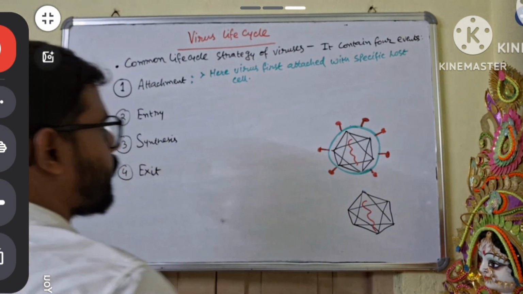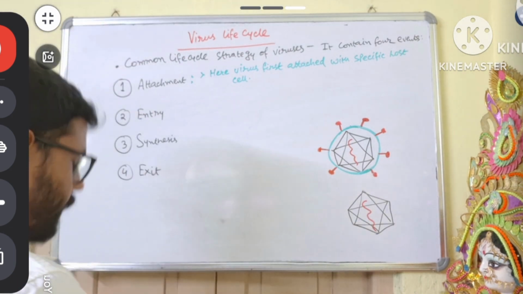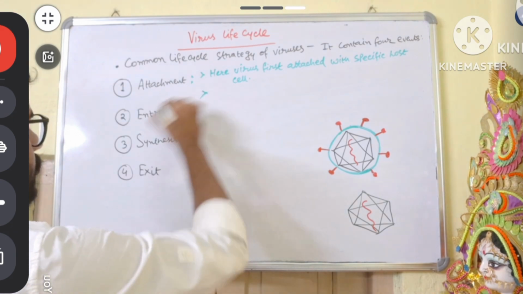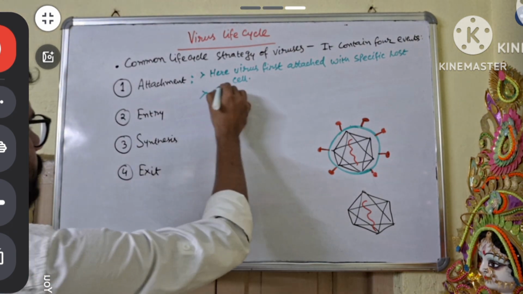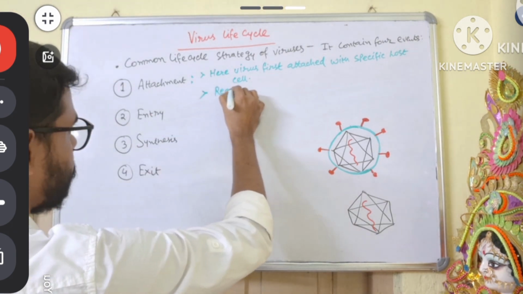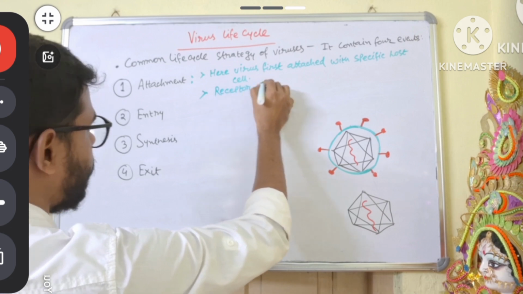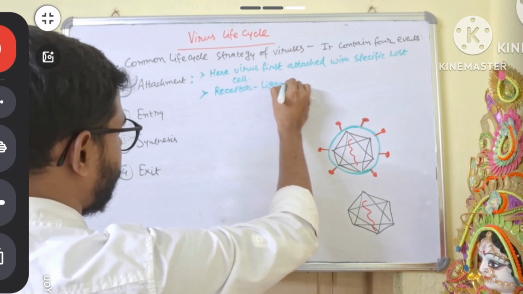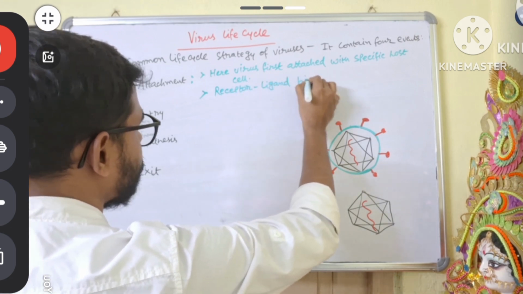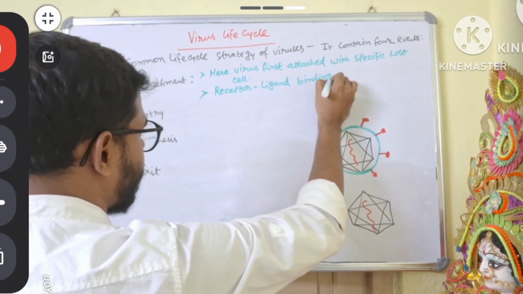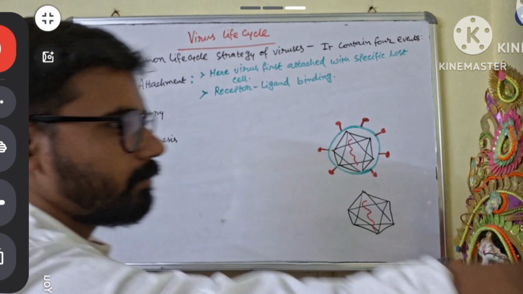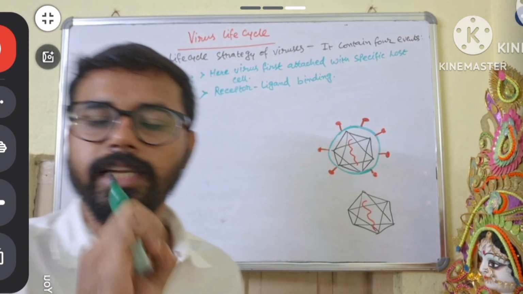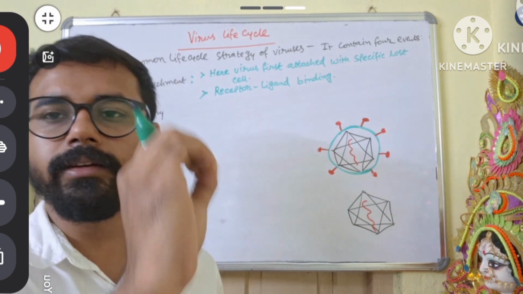So the virus first attaches, and this attachment is very critical, and it needs receptor-ligand binding. That means various types of cells are there, but only certain types of cells contain a certain receptor.